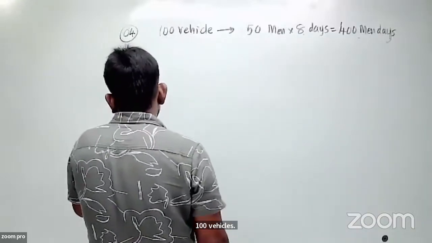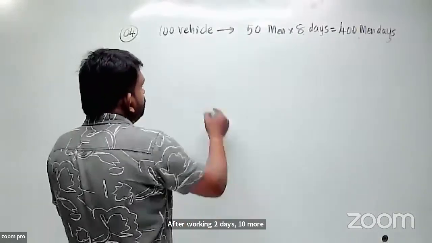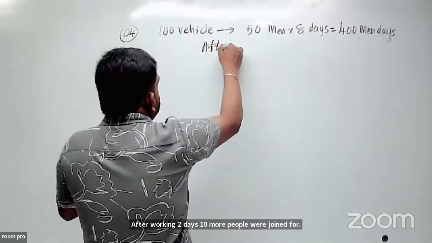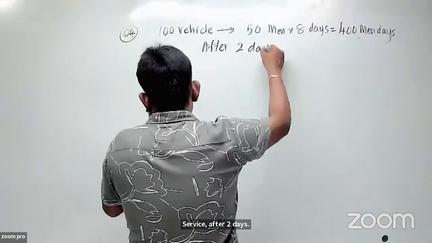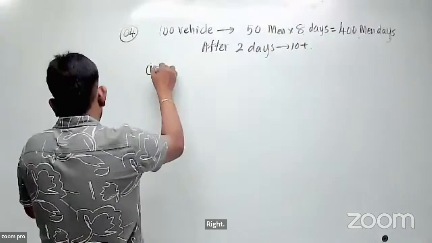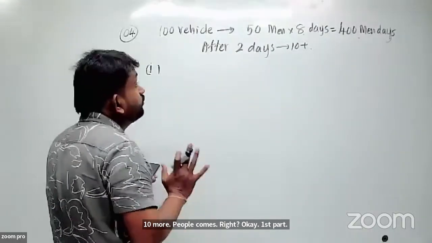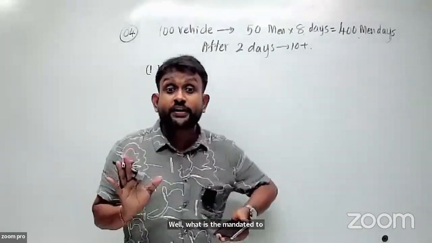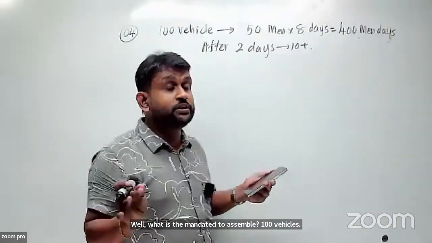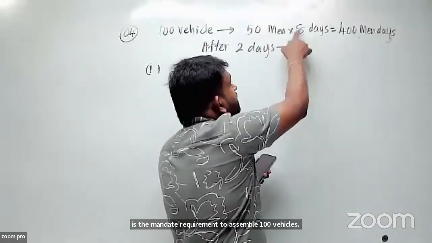After working 2 days, 10 more people joined for service. After 2 days, 10 more people come, right? Okay, first part. What is the man-days needed to assemble 100 vehicles? For 100 vehicles, 50 men, 8 days.